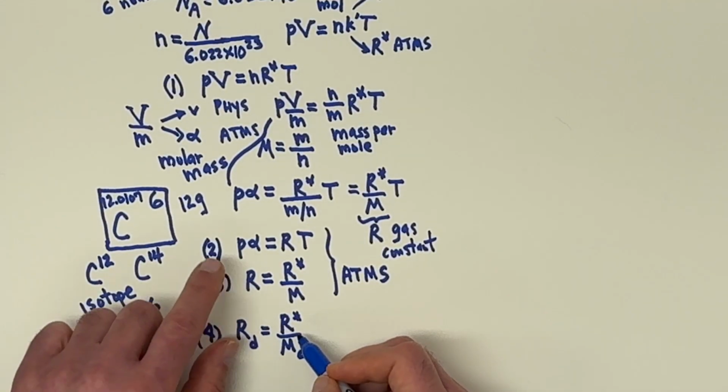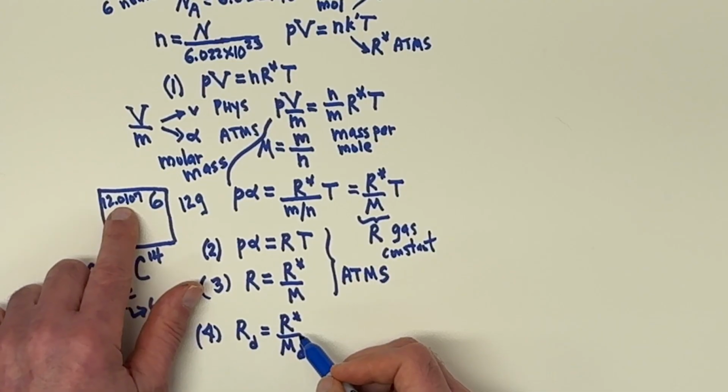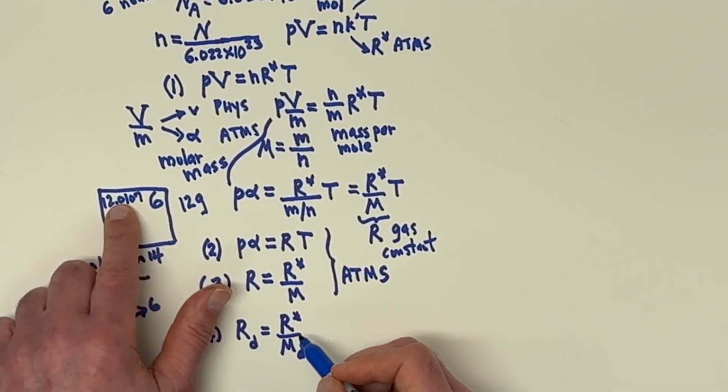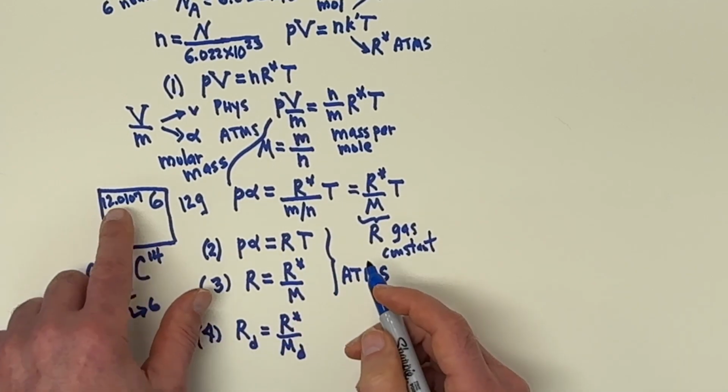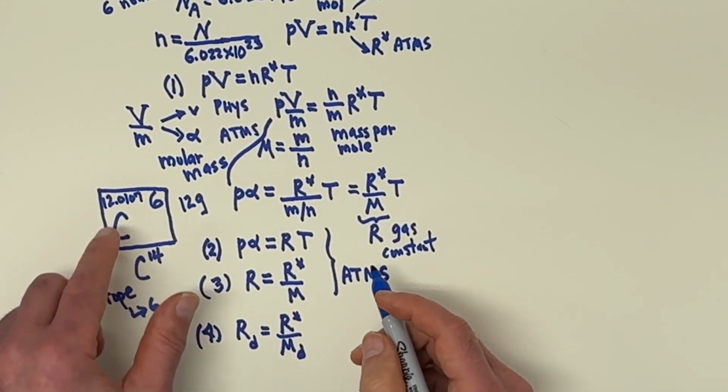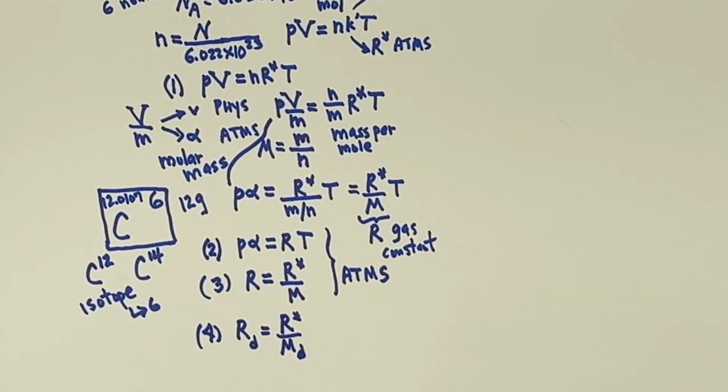Sometimes this is called, in this case, the atomic weight. The atomic weight is like when you do the average. So technically this would be the atomic weight because we did some average over the two isotopes, took that into consideration, the relative abundance. And then if you have the dry air, you would use a molecular weight for the molecule.